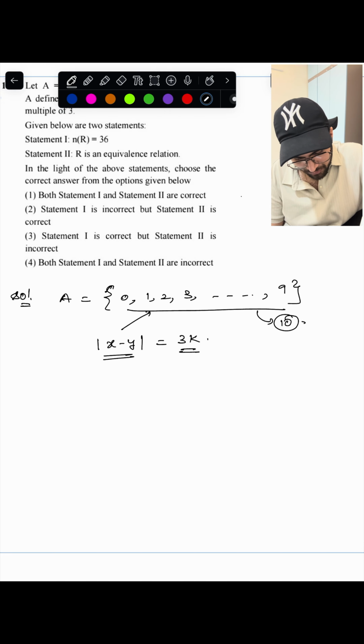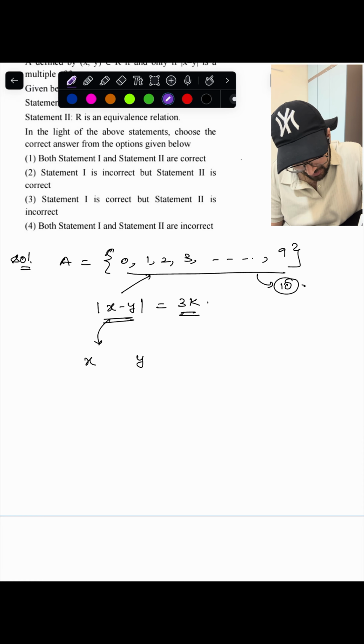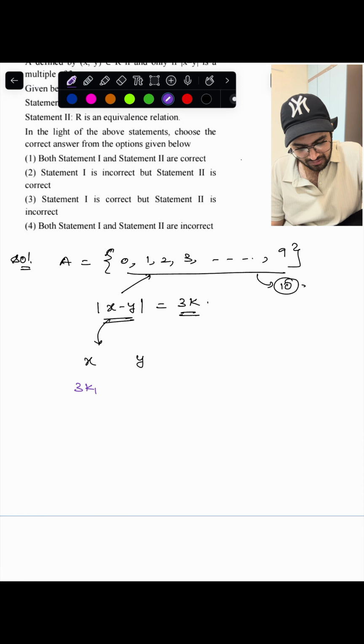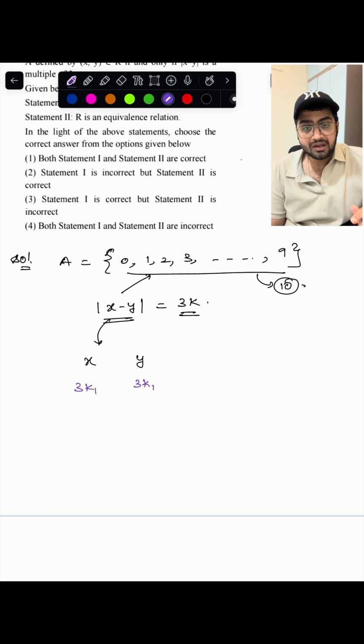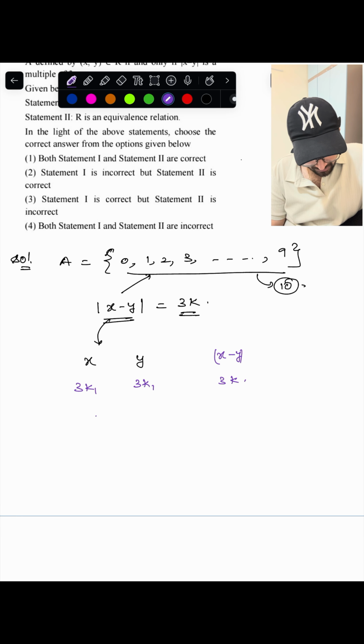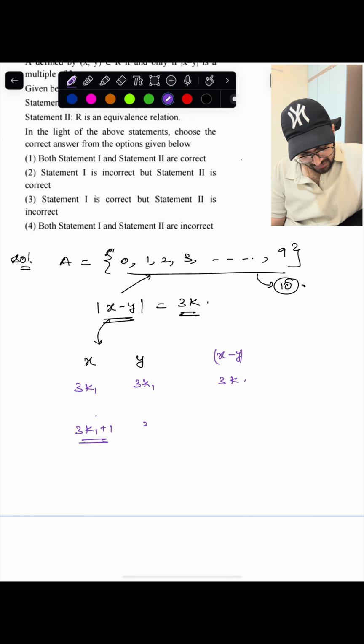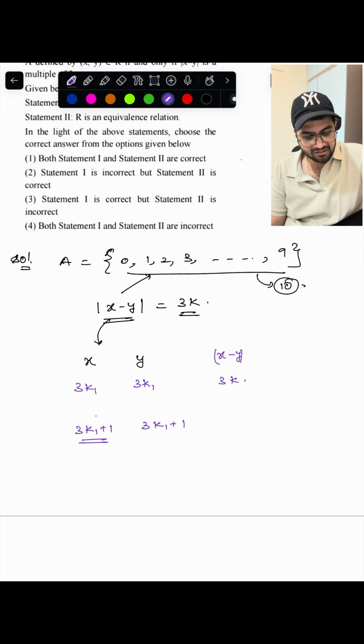So what would be the possibilities of x and y? If I take x as a 3 multiple and y is also a 3 multiple, 3 multiple minus 3 multiple, I will get x minus y as a 3 multiple only, right? Similarly, if I take this as the 3k plus 1 format, that means if it is divided by 3, it leaves remainder 1, and this one also as 3k plus 1, then the difference is again a 3 multiple, right?